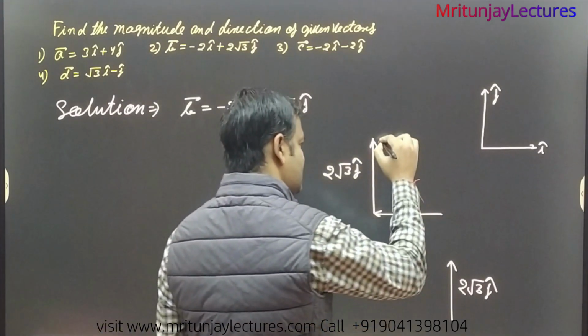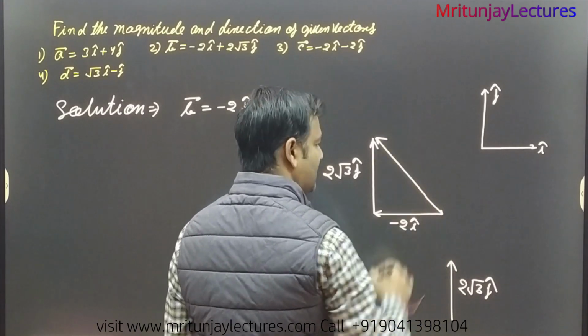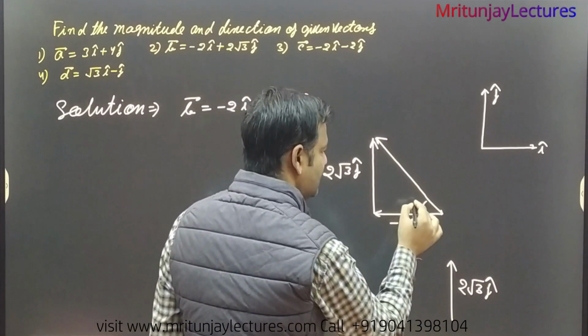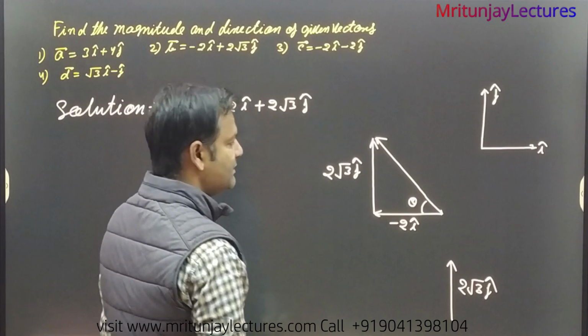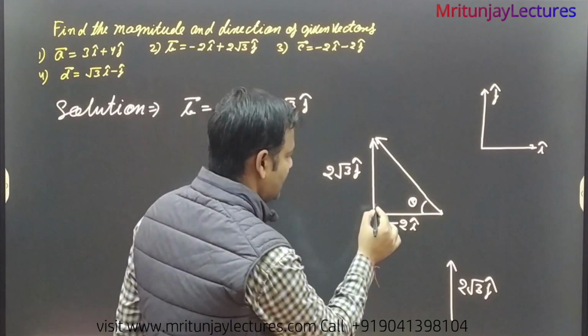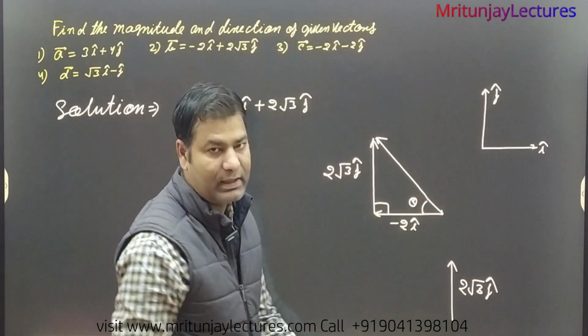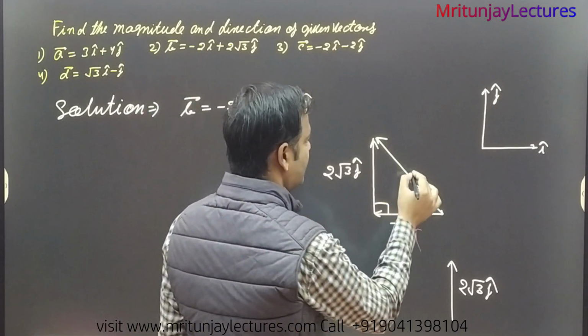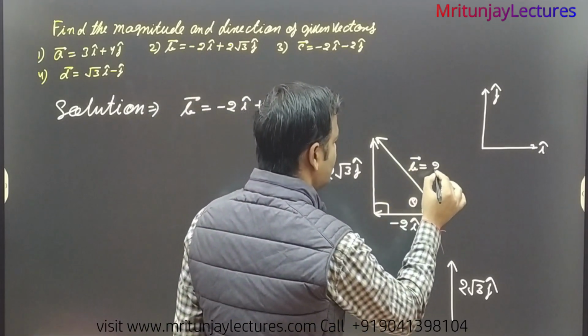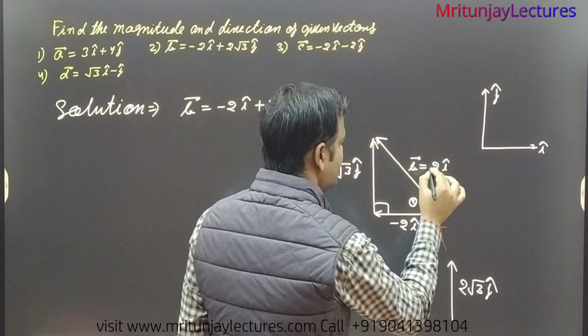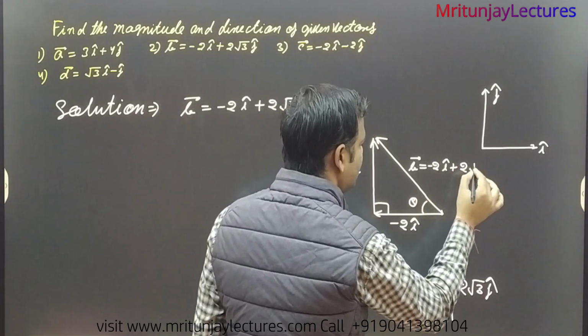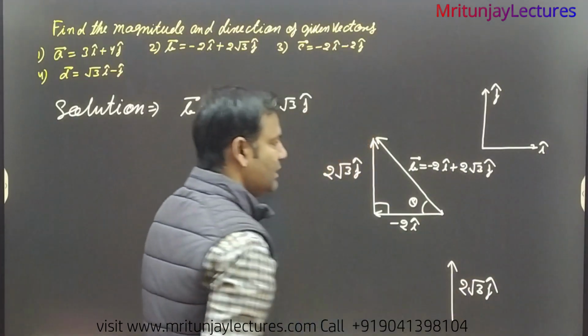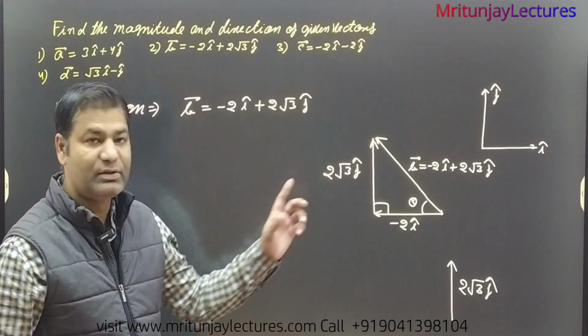After that, the sum of these two is represented here, and that angle is theta. That angle is theta. Simply, that angle is 90 degrees. And what about B? B is written as minus 2i cap plus 2 root 3 j cap. How can we determine the magnitude of B?